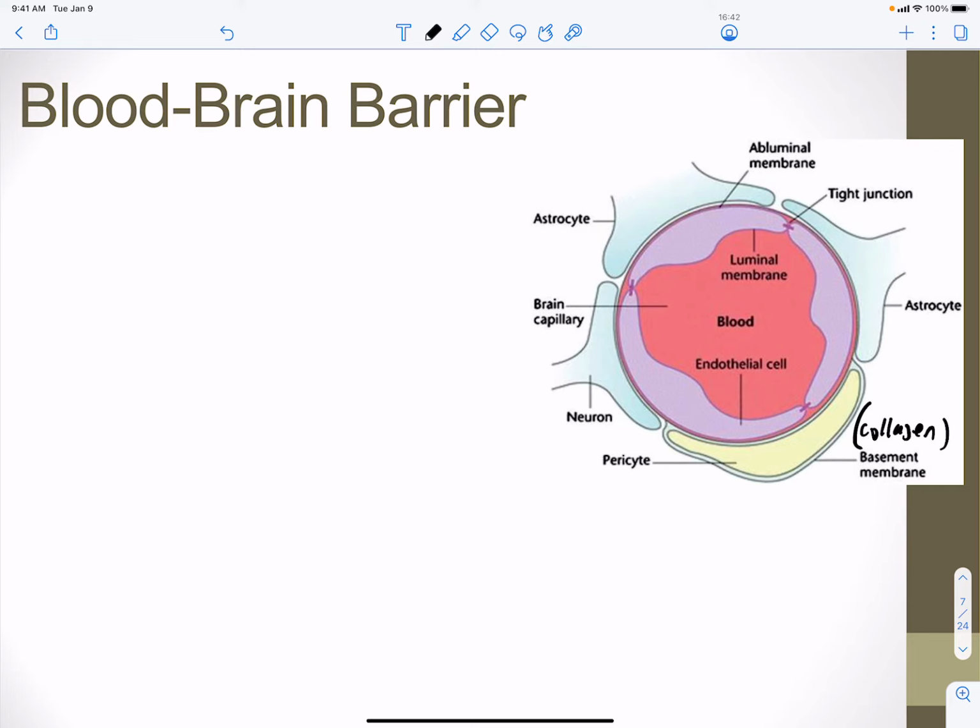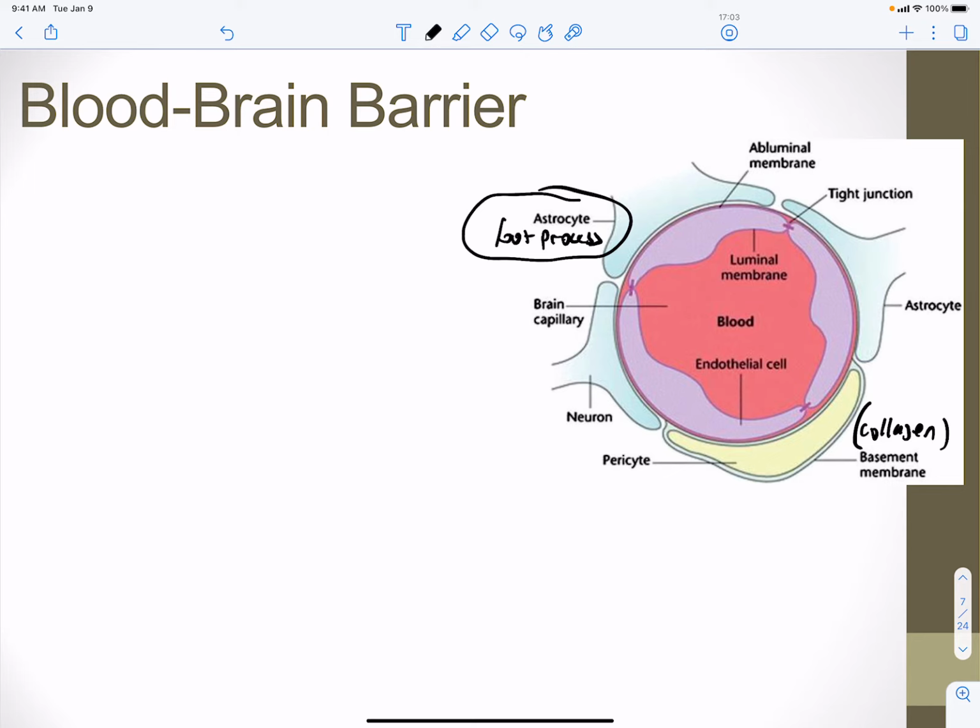And you're also going to be surrounded by foot processes of your astrocytes. And you're going to have several layers of cells that then are going to help to protect the brain from things that are actually in the blood.